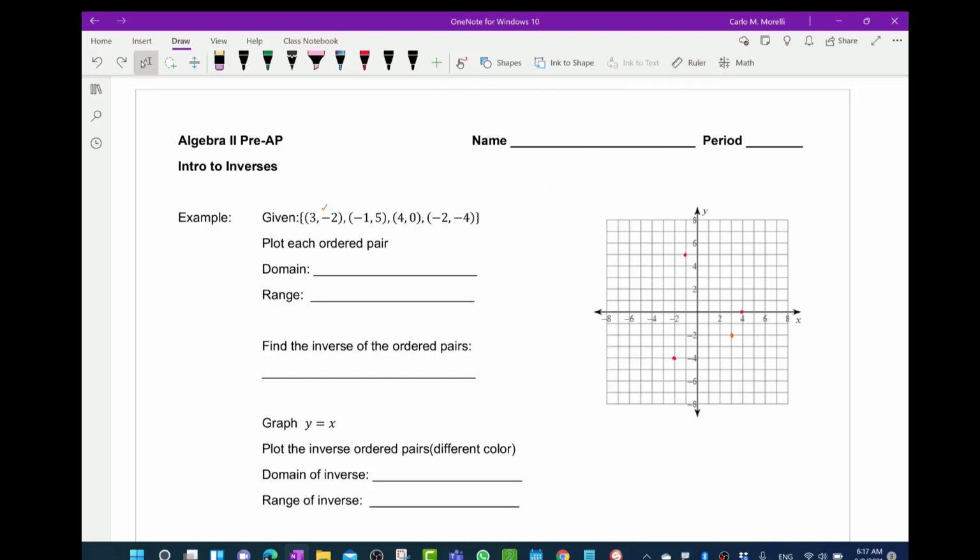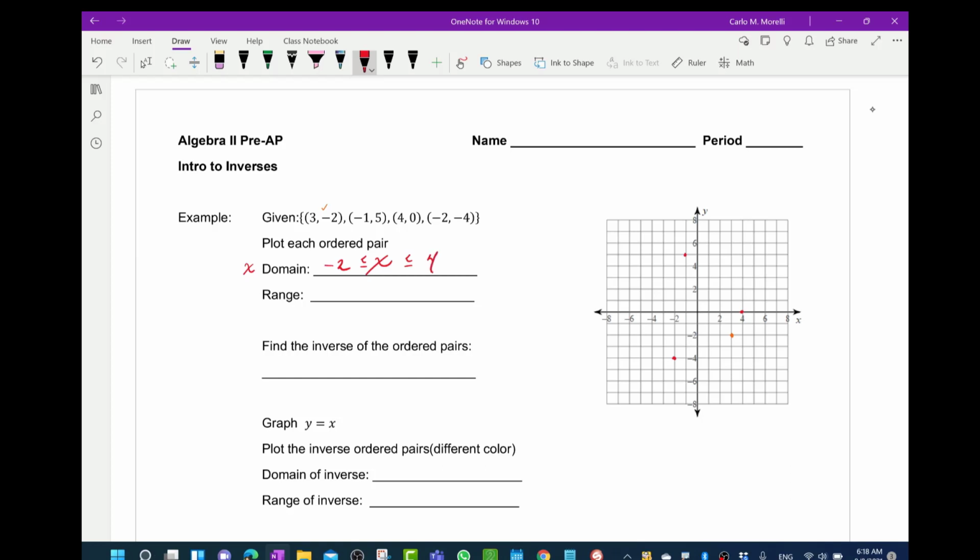So the domain is clear. The domain refers to the x values. So the minimum x value is -2, and they want us to use inequality notation, which would be -2 less than or equal to x, less than or equal to the maximum x value, which in this case is 4.